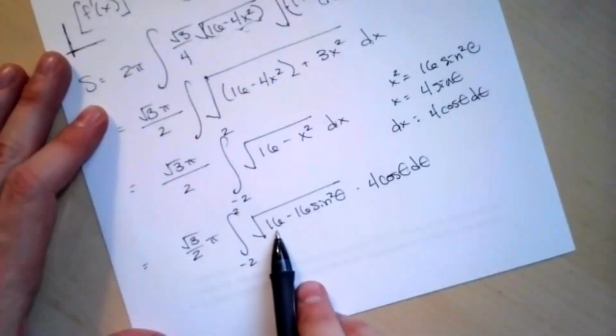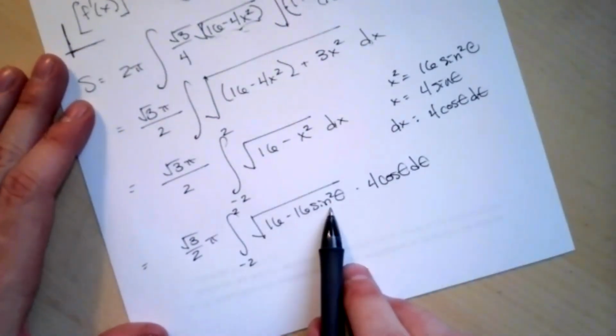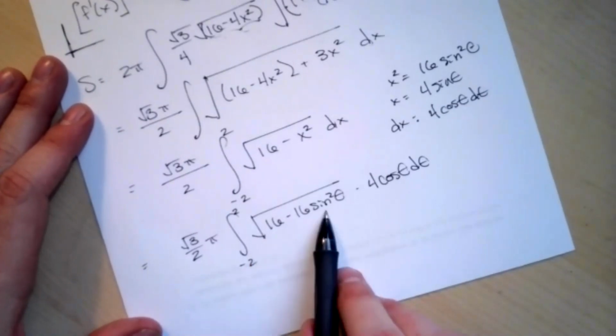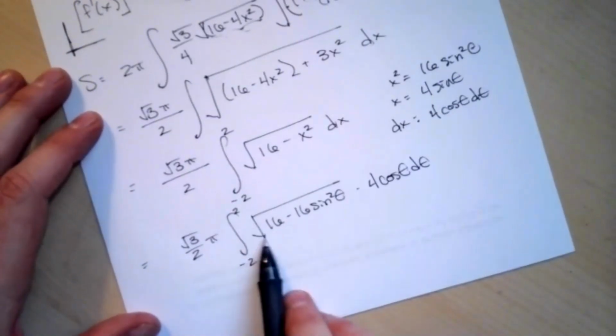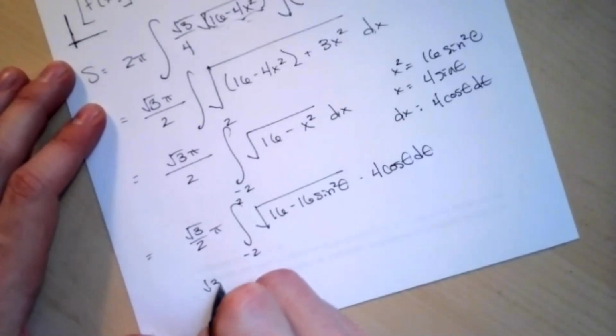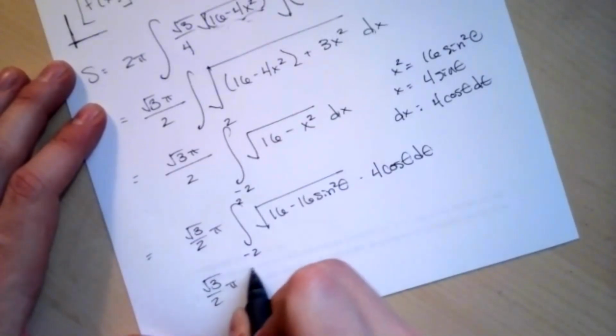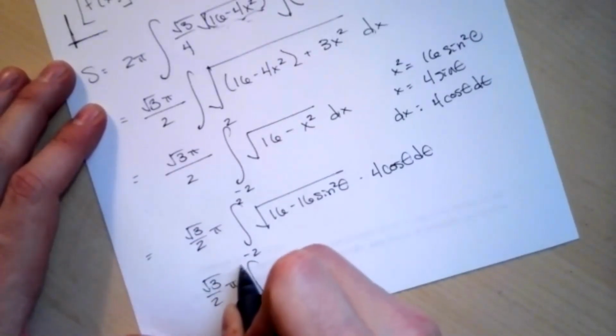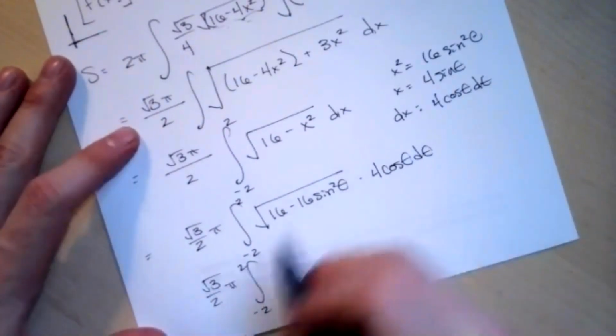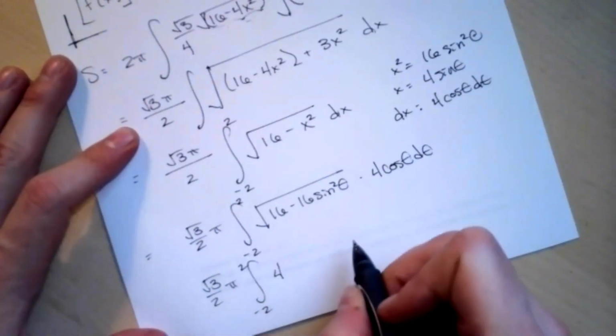This is going to be 16 times 1 minus sine squared, or 16 cosine squared, all under a square root. So 16 cosine squared under a square root gives me 4 cosine.